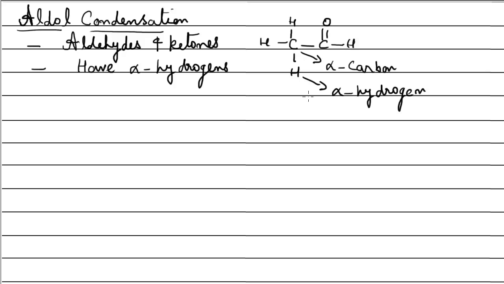So the important requirement for an aldol condensation reaction is that you use an aldehyde or a ketone that has at least one alpha hydrogen.